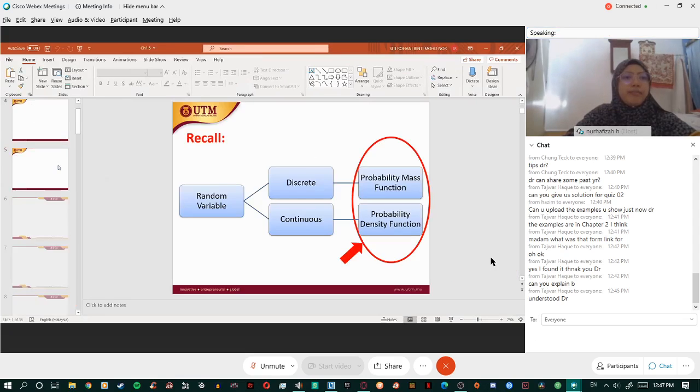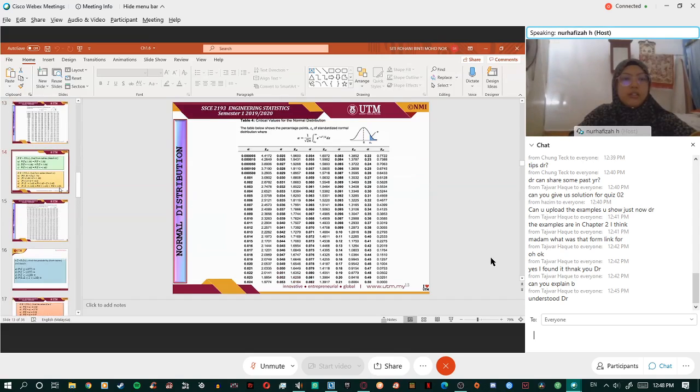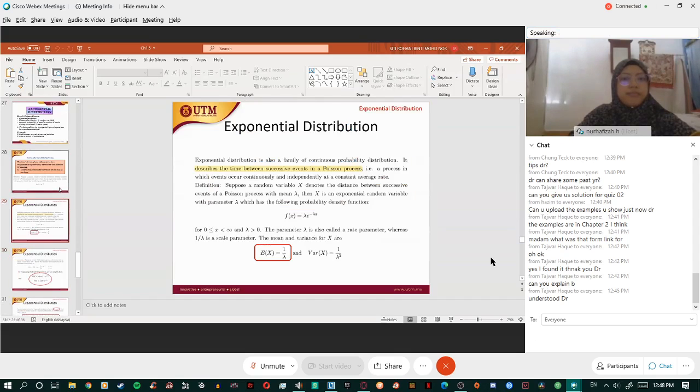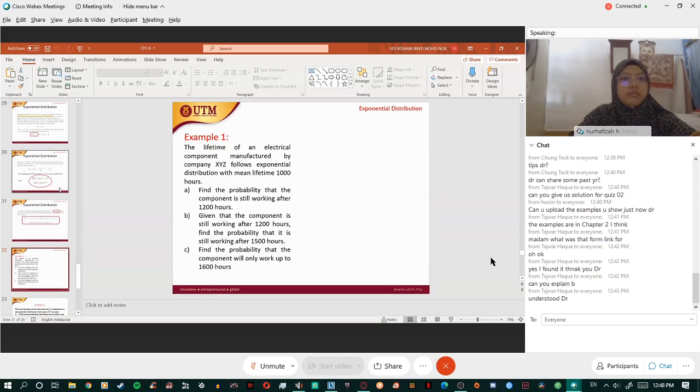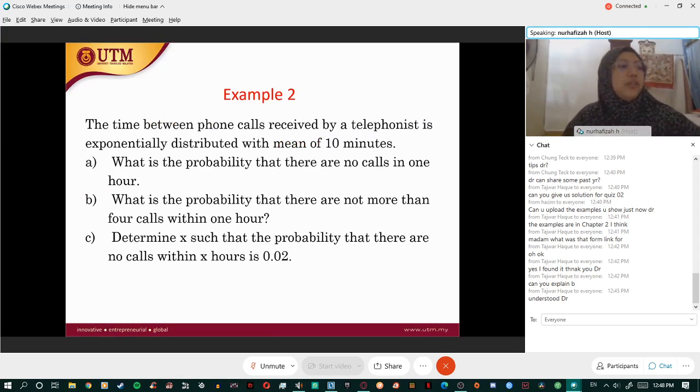Okay, another one. For this part, do you know how to do this one?